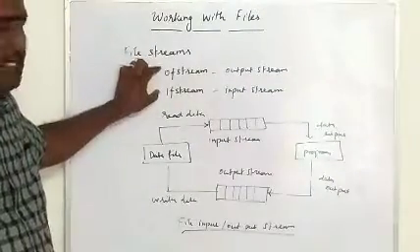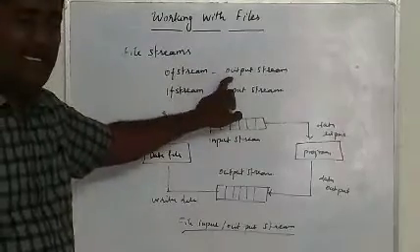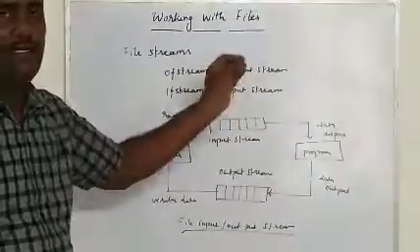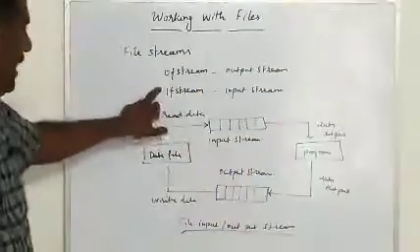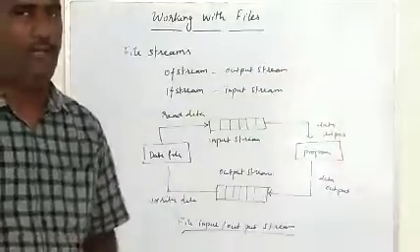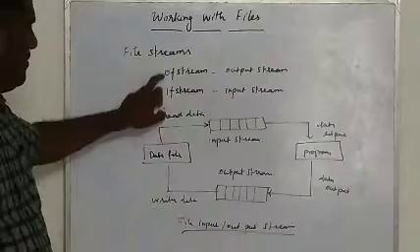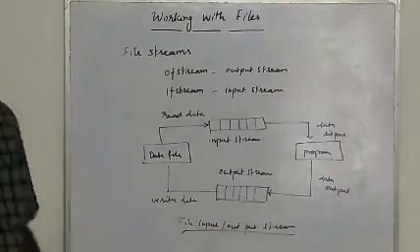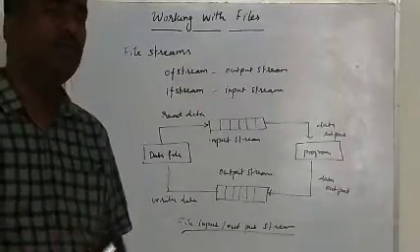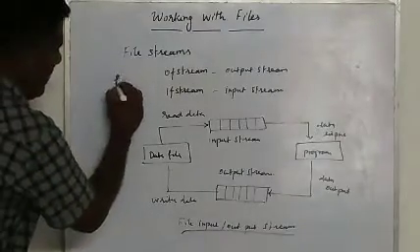So here ofstream is used to write data to the file, and ifstream reads data from the file. The ofstream and ifstream are used separately. Suppose I want to combine them together, at that time we use fstream.